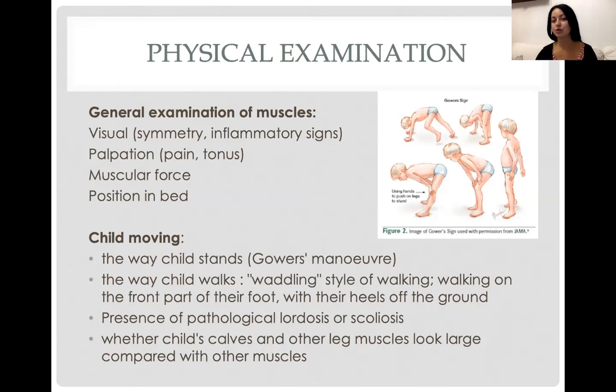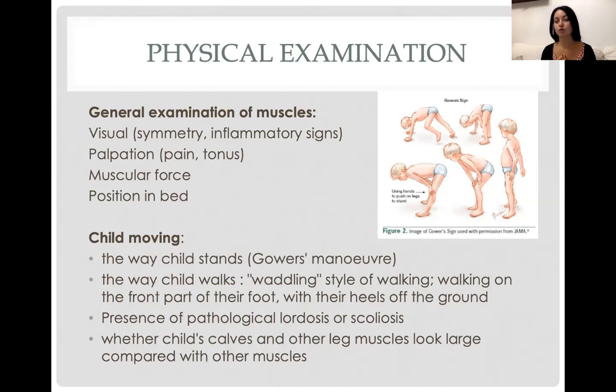Then look, he puts his other hand on the knee to have additional support to lift up his back, and he is lifting up, and then he stands up. It's bad. All this specific chain of movements is called Gowers' maneuver.